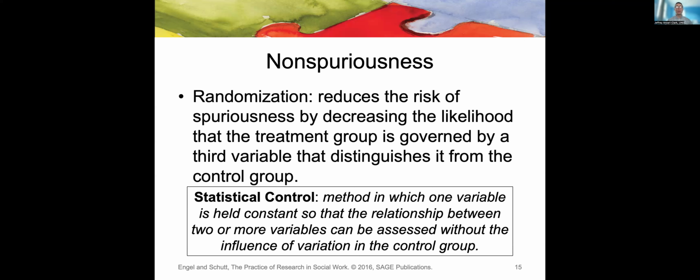So we need to tease out, is there anything that is impacting that? And so when we have randomization, this helps to reduce the risk of this. But at the same time, we also want to try and utilize statistical controls. And so this is where we say, we'll control for racism or race.